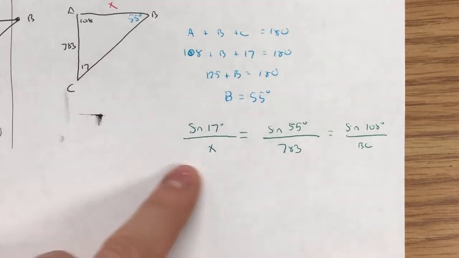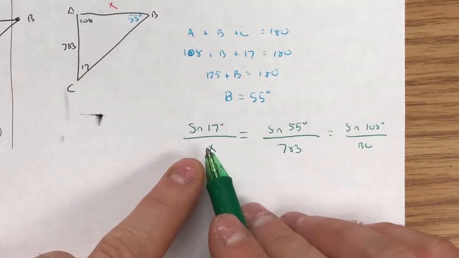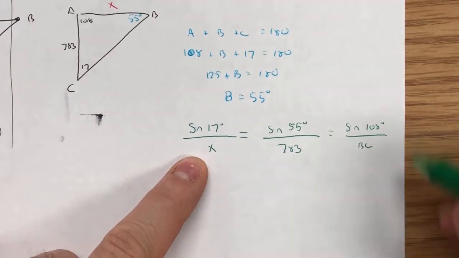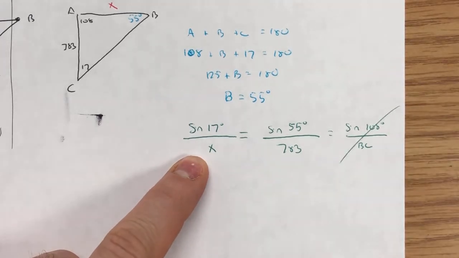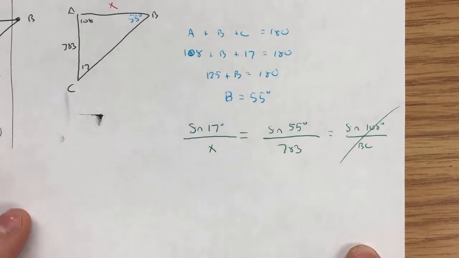Given that information, I know that I'm trying to find x. This last one has an unknown in it, so I'm going to ignore that relationship. I'm going to focus on these two, and I'm going to solve for x.